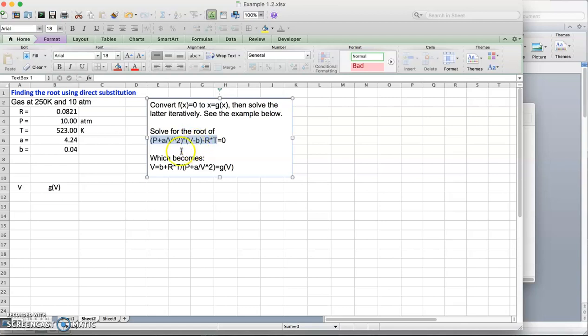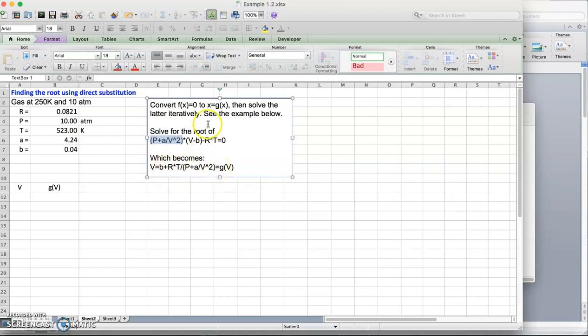So what you end up getting is v equals b plus RT over this. Again, to get to here from there, we add RT to both sides, then we divide through by these parentheses, and then we add b to both sides, then we get this equation, which is v equals b plus RT over p plus a over v squared.